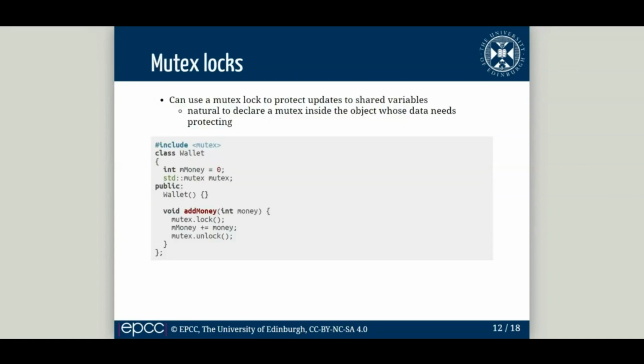Ways to avoid that: here we can use a mutex. This is to protect updates to shared variables. So here in the class, you can declare a mutex, and you see it's quite easy. Normally you declare that, and you use lock and unlock, and inside you do the update.